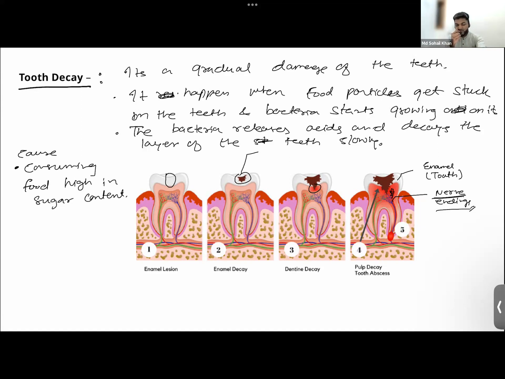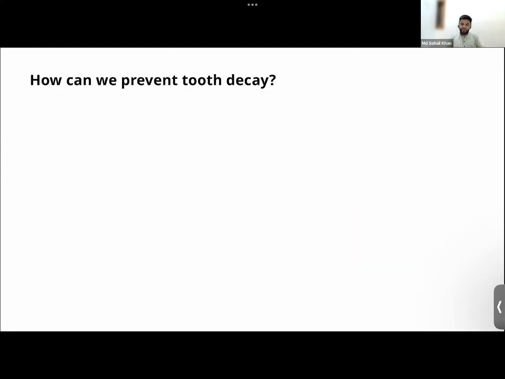So you guys tell me, what are the preventive measures to avoid this tooth decay? Use less sugar. Yeah, that is the first precaution. Do not eat chocolates that much. Prevent sugary food. Okay, what else?